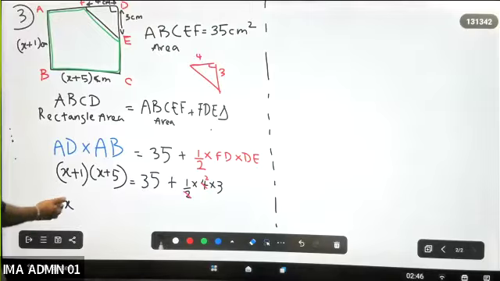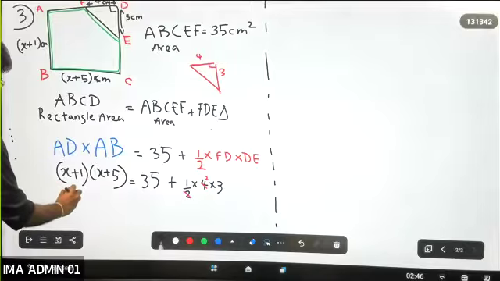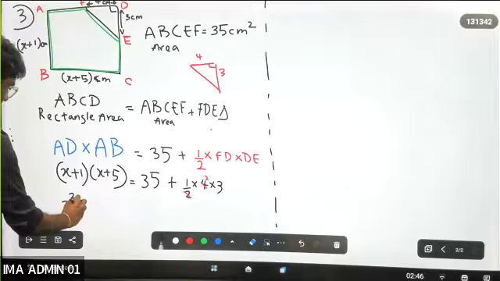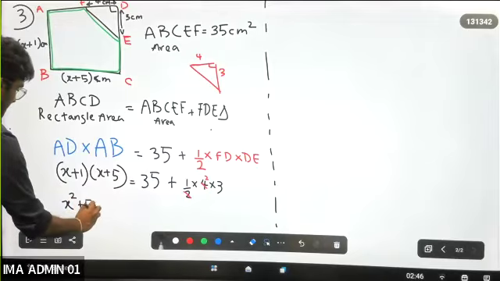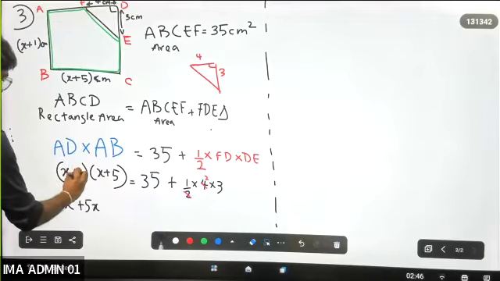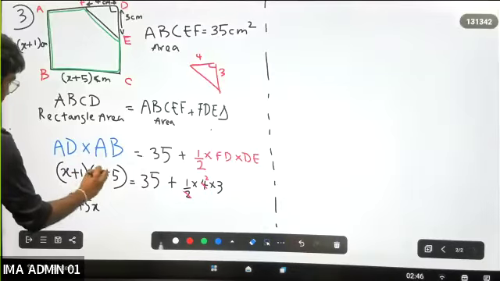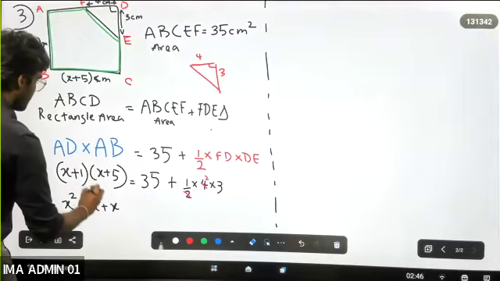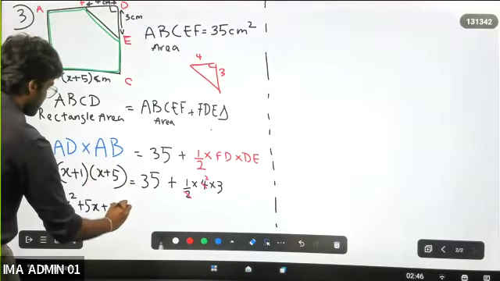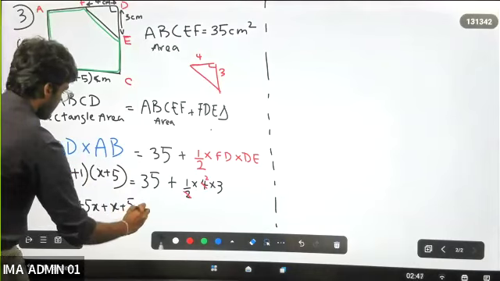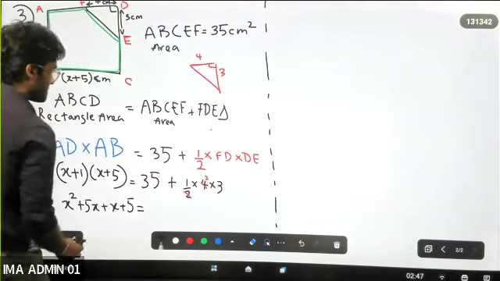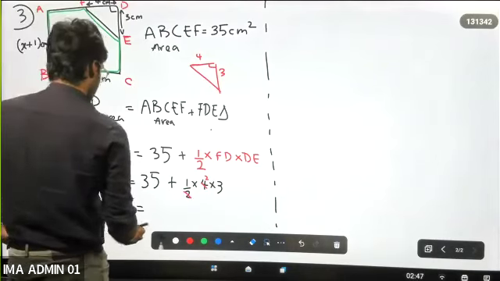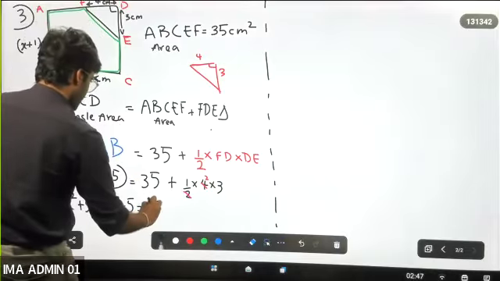First we multiplied this x by this x, x squared, then x multiplied by plus 5, which means 5x. Then 1 multiplied by x, all are pluses, so plus x. Then plus 1 by plus 5, which is 5. Here it's 6 and 35, 41.